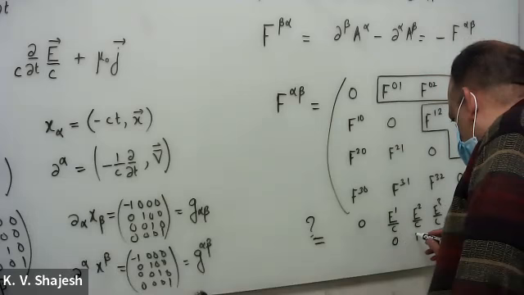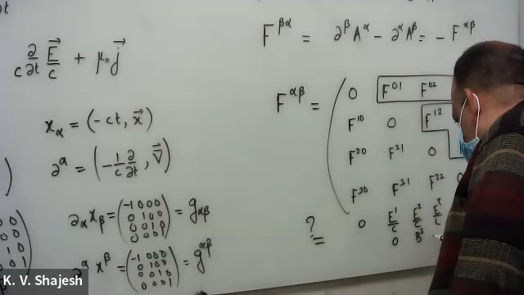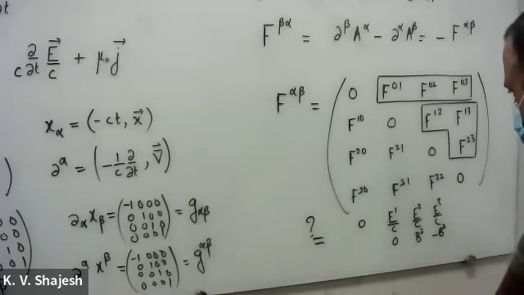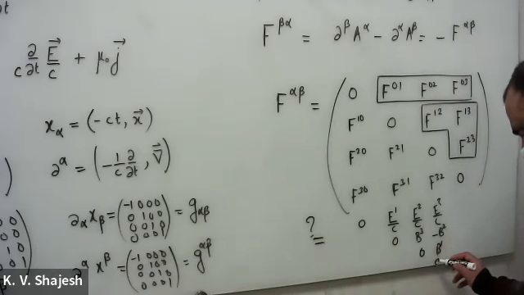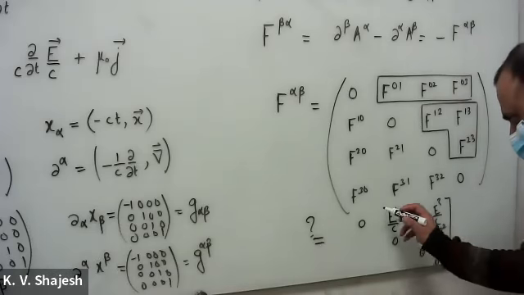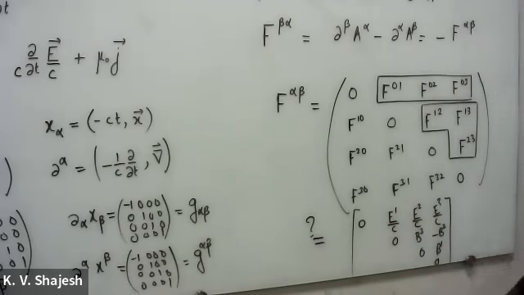Then this will be B3, minus B2, and there is B1, 0, and that's it. Once you know that, you can put the negative sign of that for the antisymmetric part.